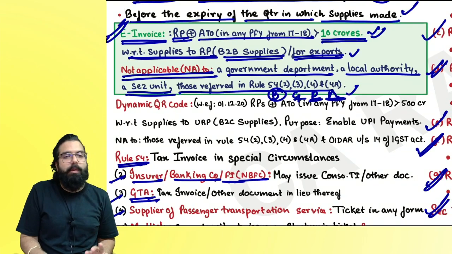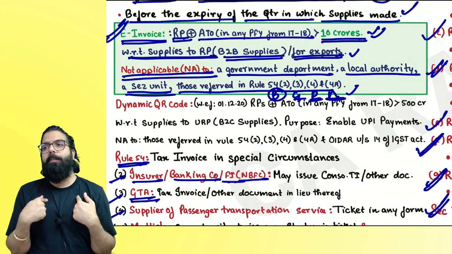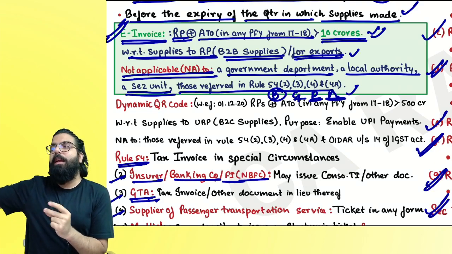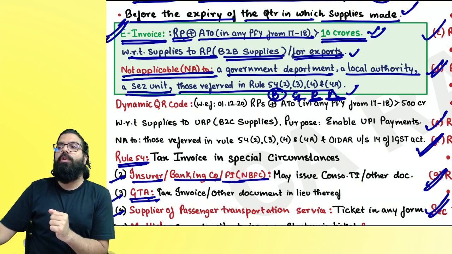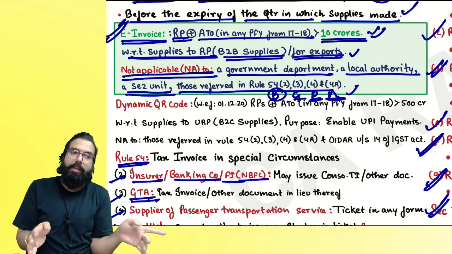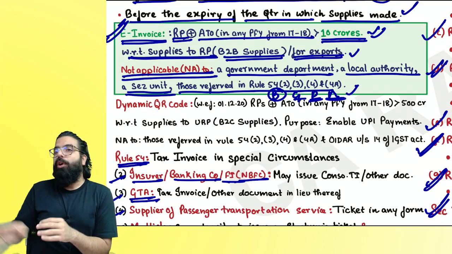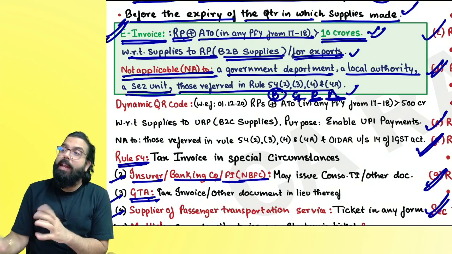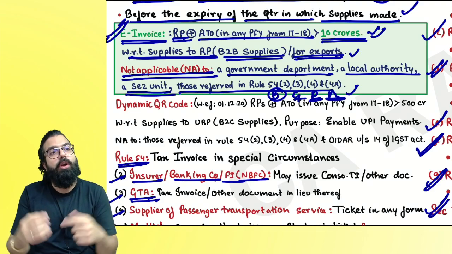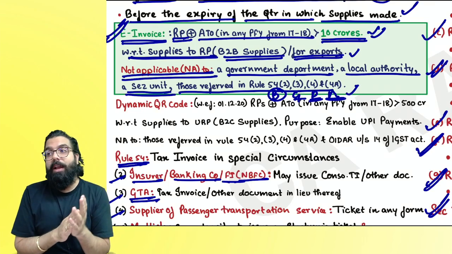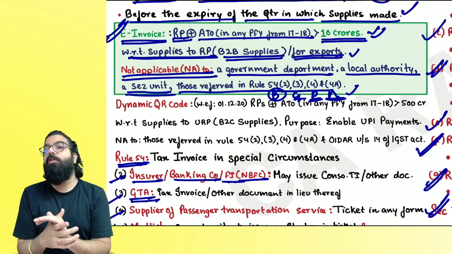Can you tell me again, everyone? E-invoicing: if I am a registered person and my aggregate turnover in any year from 17-18, 18-19, 19-20, 20-21, 21-22, now 22-23 is going on, so last year was 21-22. So from 17-18, if in any year my turnover had crossed 10 crore, e-invoicing provisions are applicable on me. And what will I do whenever I'm doing B2B supplies or I'm exporting?